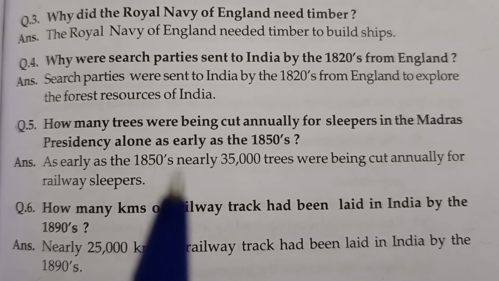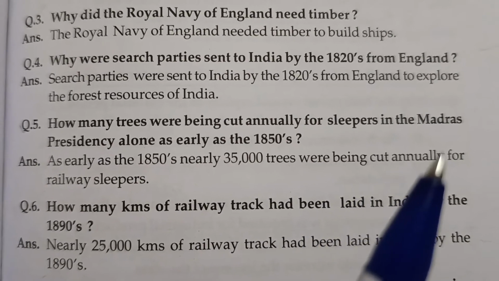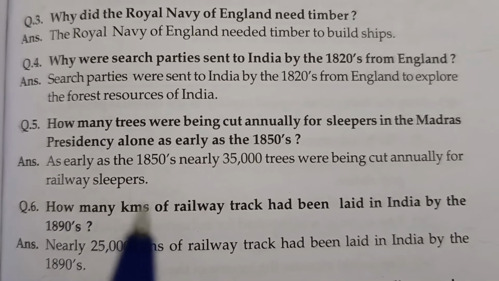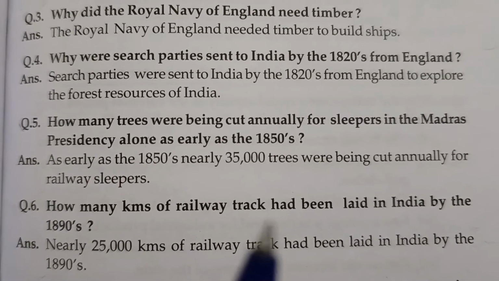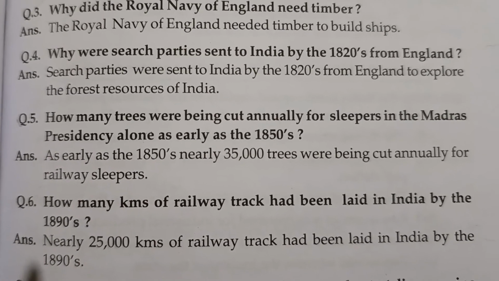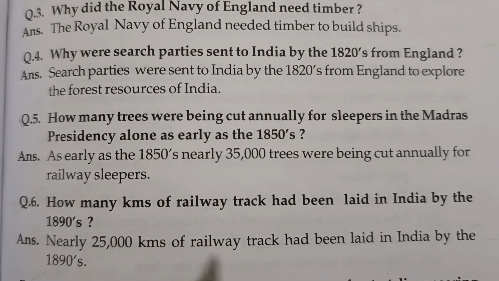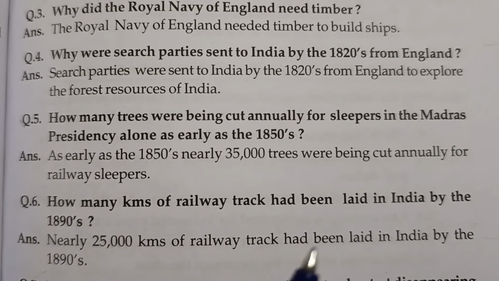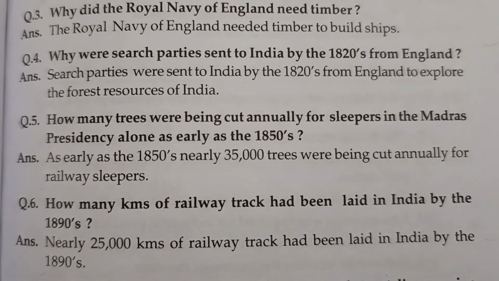As early as 1850s, nearly 35,000 trees were being cut annually for railway sleepers. How many kilometers of railway track had been laid in India by the 1890s? Nearly 25,000 kilometer railway track had been laid in India by 1890s.